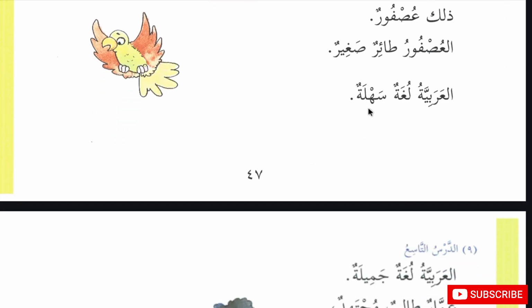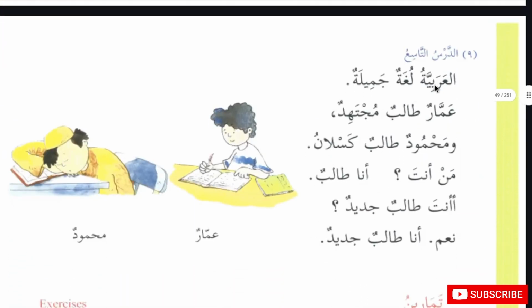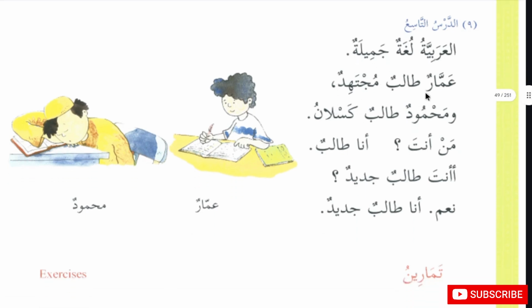Al-arabiyatu lughatun sahlatun. Arabiya, Arabic, is an easy language. Easy, sahlatun; lughatun, language. Al-arabiyatu lughatun jamila. Arabic is a beautiful language. Ammarun talibun mujtahidun. Mujtahid means a hardworking student, or those who put a lot of effort.